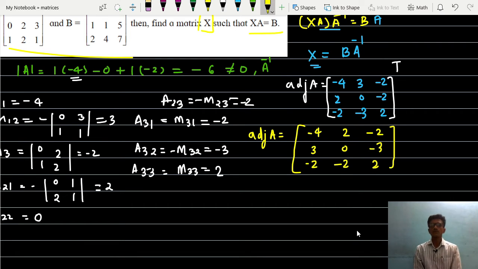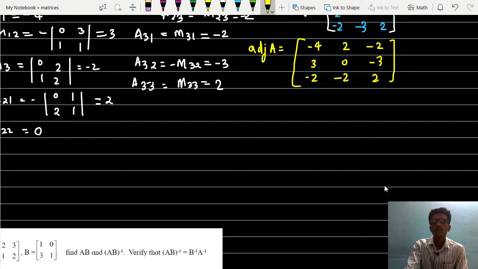The first row becomes the first column, the second row becomes the second column, and the third row becomes the third column. This is the adjoint of the matrix.